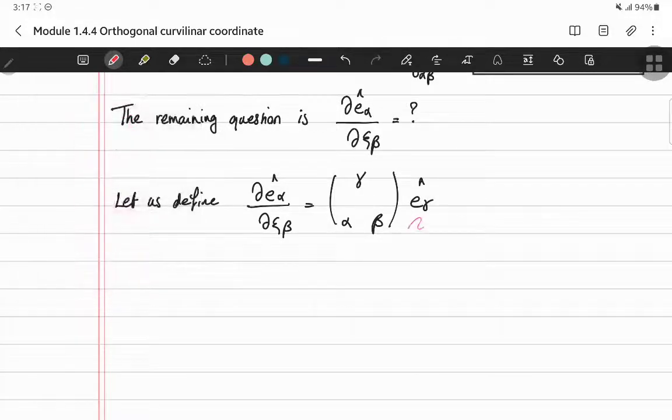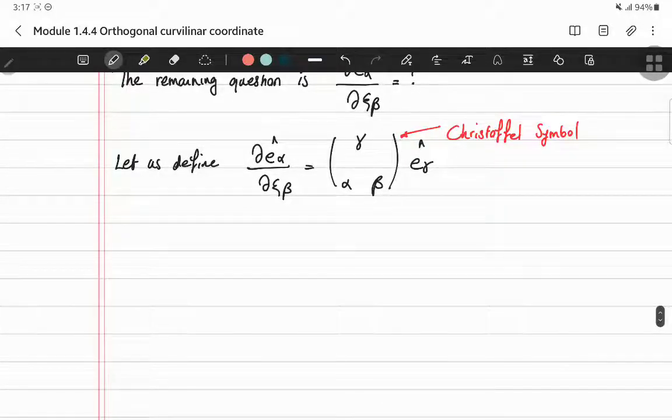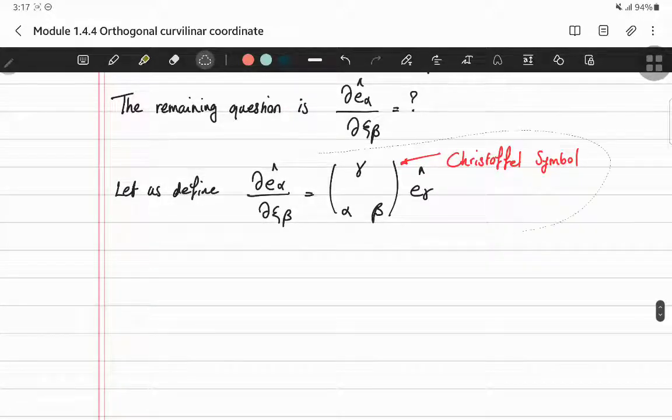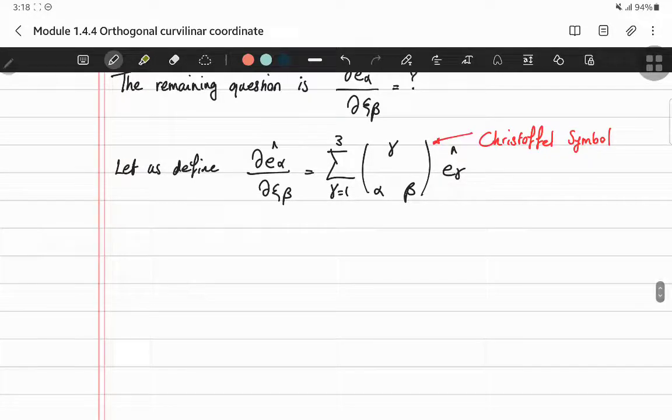This is called the Christoffel symbol. And it might also be a good idea to shift everything a bit, so I can write sigma, gamma 1, 2, 3, because we know that we have e1, e2 and e3, so they're different. We do not sum them.